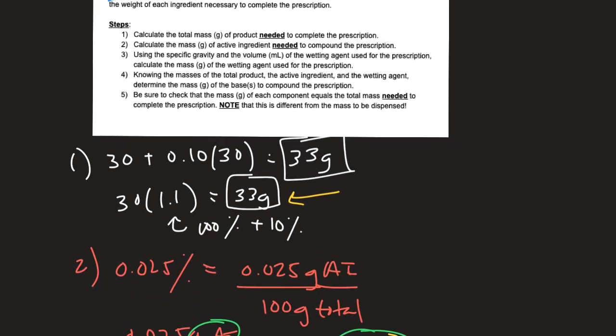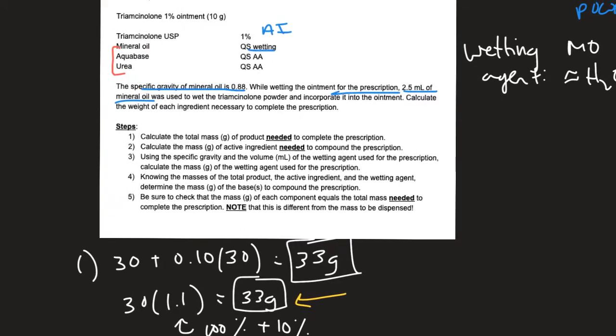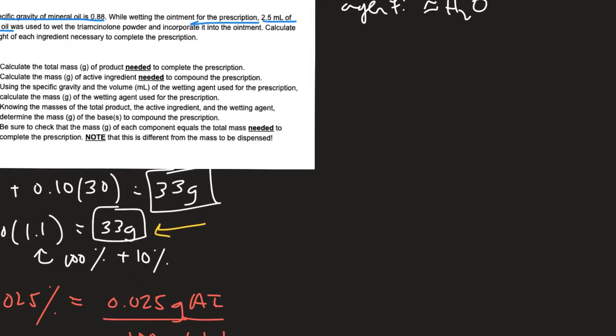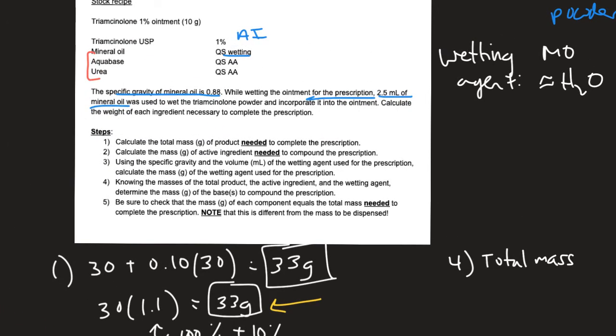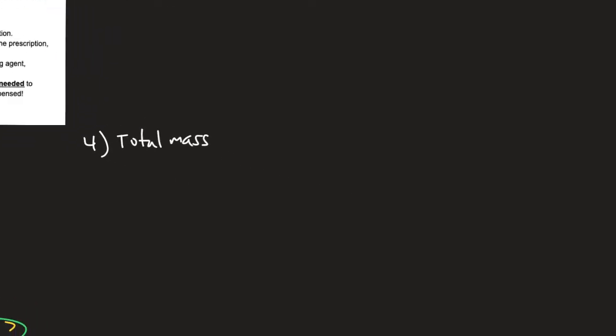So, step 4. Knowing the mass of the total product, the active ingredient, and the wetting agent, we need to determine the mass of the bases used to compound the prescription. So, in math form, we know the total mass is equivalent to Triamcinolone, mineral oil, aqua base, and urea. Writing that out, I'll put T for Triamcinolone, MO for mineral oil, plus aqua base, plus urea.